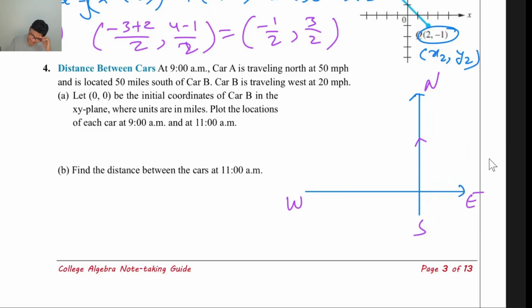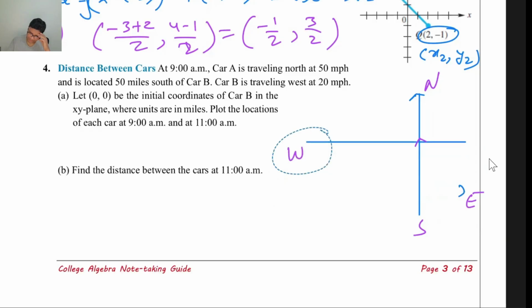And located 50 miles south of car B. Oh, it's 50 miles south of car B. So, okay, a little bit correction on the way I was representing. I'm going to move this up.